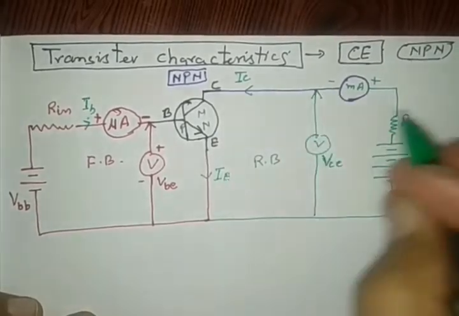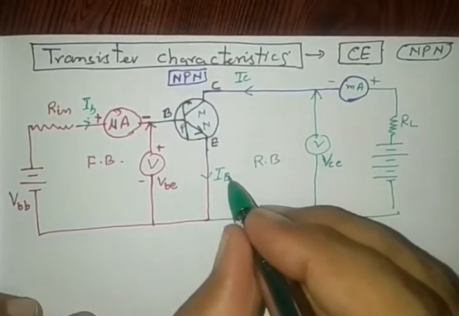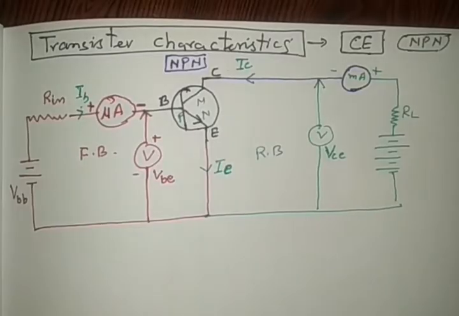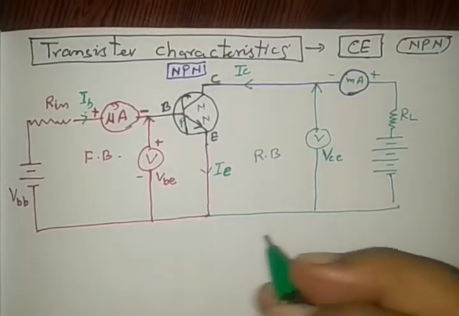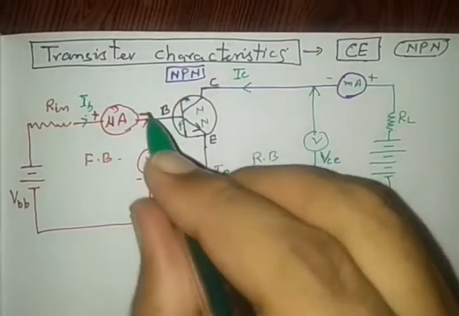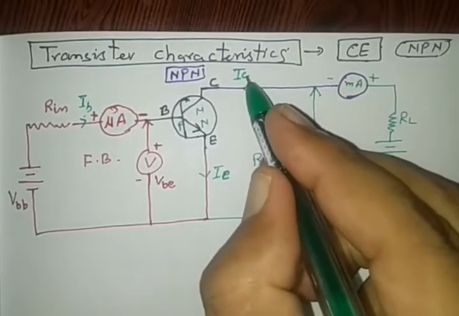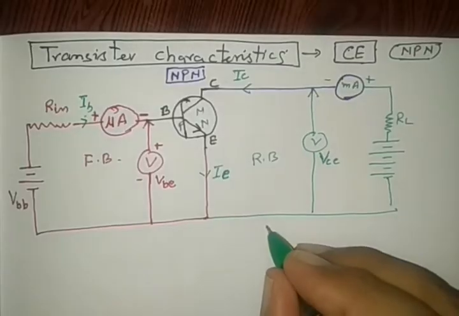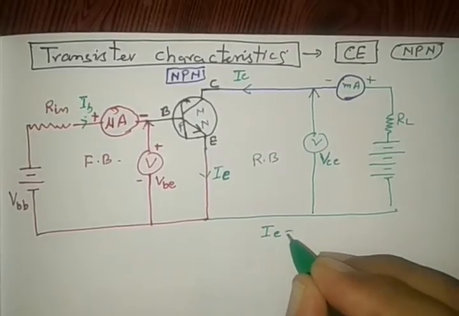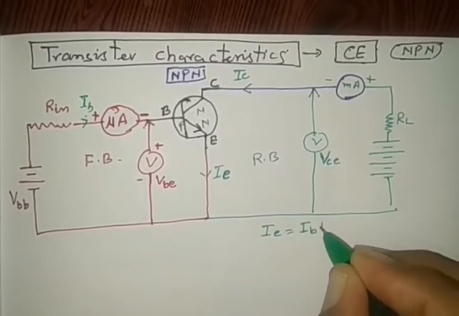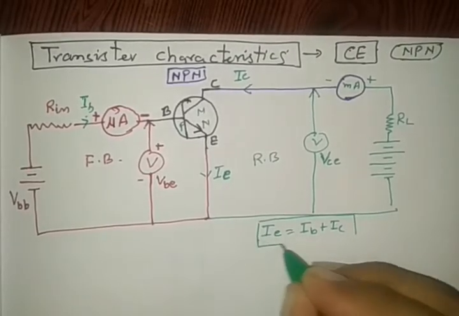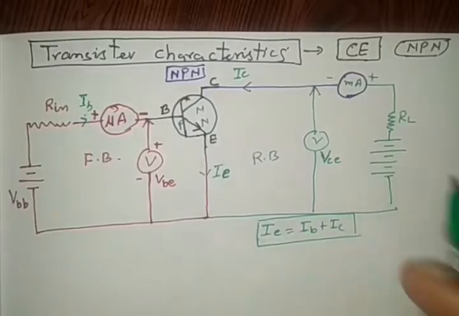We will represent it by IB, IC, and the emitter also by IE. So these are the currents. When we apply the junction law, IB and IC are approaching the junction and IE is releasing. So the junction law says that the emitter current is equal to the base current plus the collector current. So this is the circuit combination.